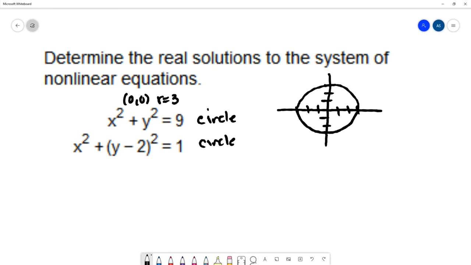So we have one circle, and the other circle has a center of 0, 2 with a radius of 1. So 0, 2 would be a center.